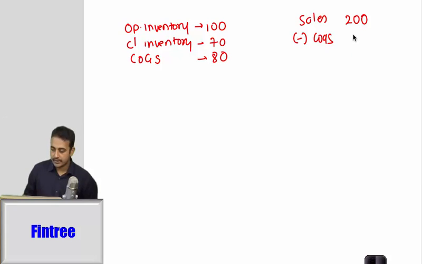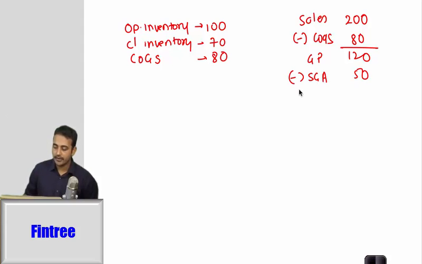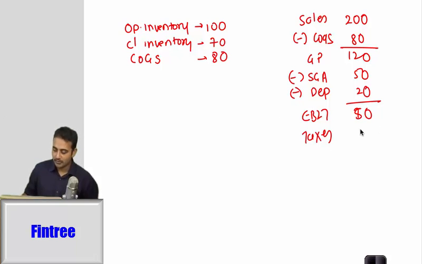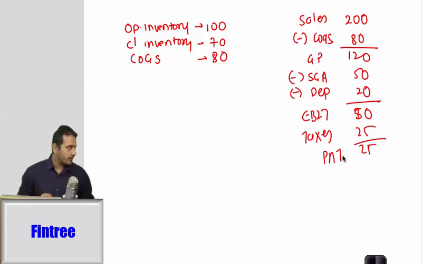So we will have gross profit of 120 minus SGA, let us say 50, minus depreciation, let's say 20. So we are left with EBIT of 50. I'm assuming no interest, and taxes 25. So profit after tax 25.